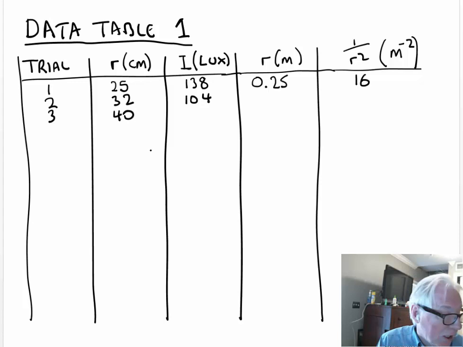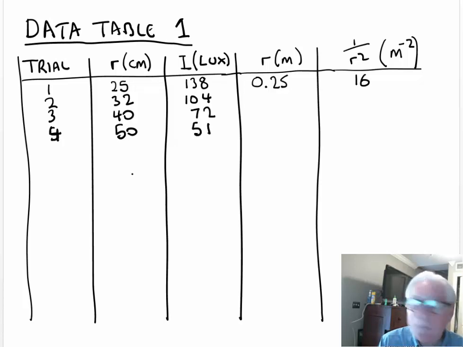So that's 40, and then this is 72. And then if we go to the next one, which is 4, and this is 50, and then this is going to be 51. And then 100. Oh no, sorry. I'm rushing. Whenever you rush, you make mistakes.